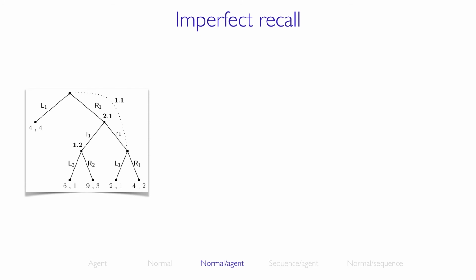We show now that with imperfect recall, the equivalence between normal form strategies and behavioral strategies is not possible. We recall that a non-mixed strategy profile on the normal form gives a strictly positive probability to the outcome 2-1 in the picture, that is achievable with actions uppercase R1, lowercase r1, and uppercase L2.